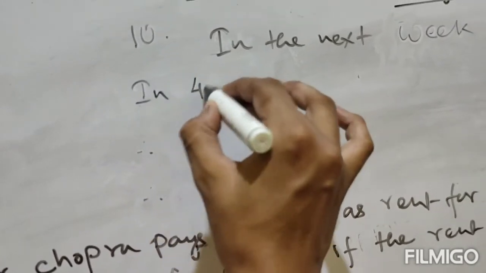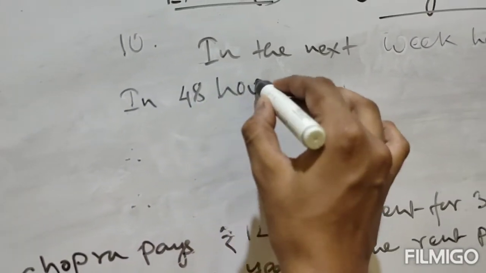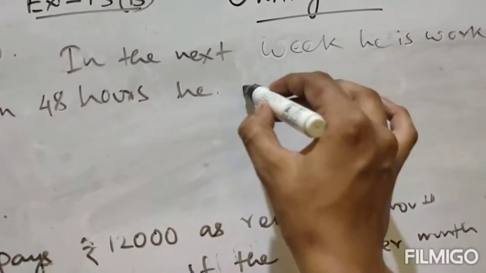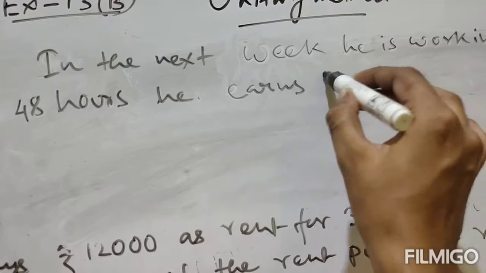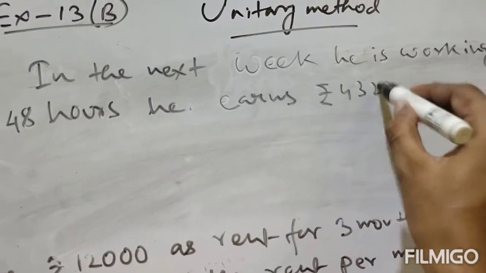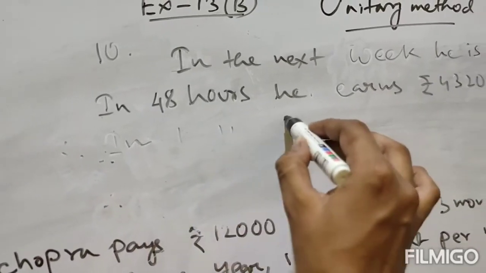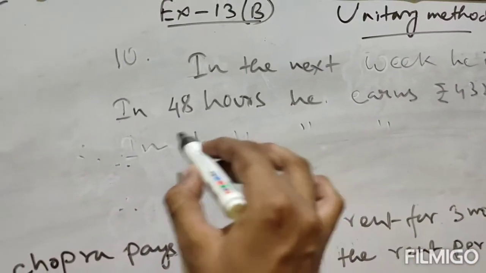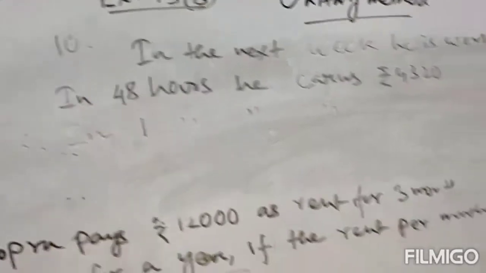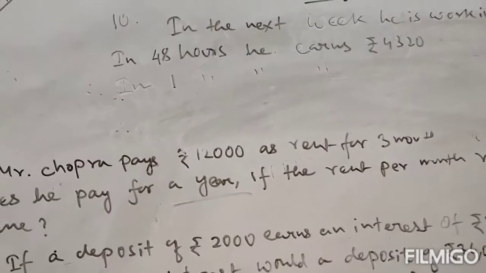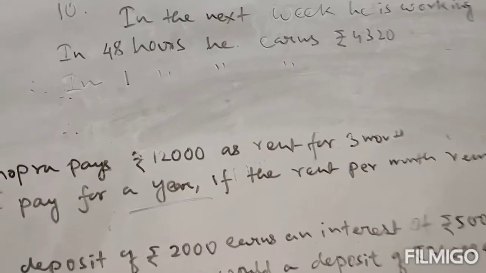Therefore, if he works just for 1 hour, he will get a payment less than this, because the number of working hours decreases, so the payment will also decrease.